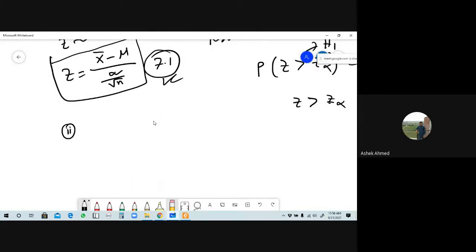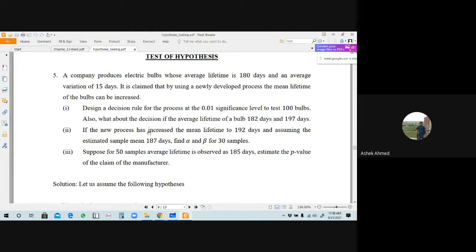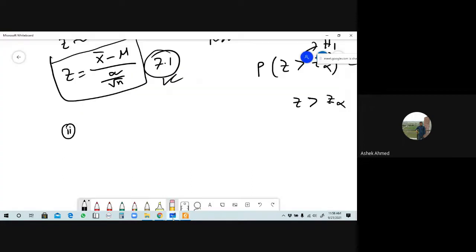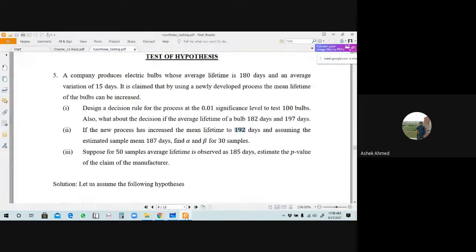For the second question, there is given the process has increased the mean lifetime to 192 days. তাহলে মিন লাইফটাইমটাকে এখানে আমাদেরকে অল্টারনেট হাইপোথিসিস ইনক্রিজ করতে হবে, ইনক্রিজ করে কি পাওয়া গেছে 192 days পাওয়া গেছে. So from here we can say that the alternate hypothesis will be here mu equals to 192 days. Okay, that's the value of the alternate hypothesis.